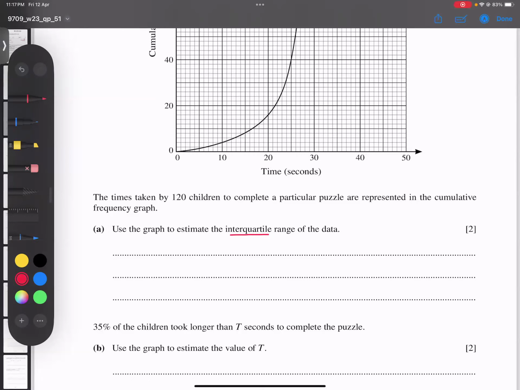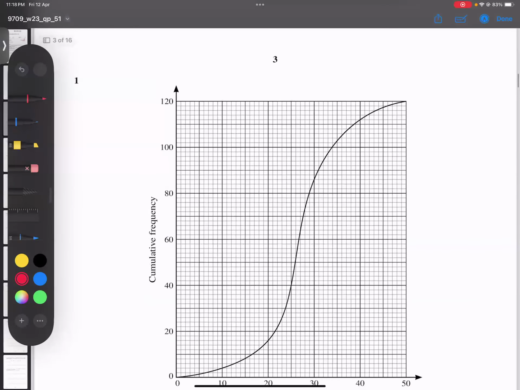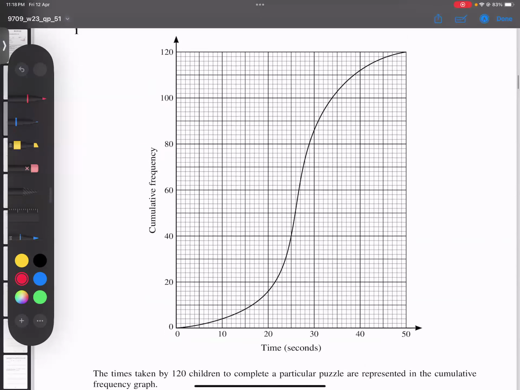What is the formula? All of you are familiar. The formula is upper quartile minus lower quartile. The upper quartile is 3/4 of n, and n is 120. So we get 90, but 90 is not our answer; 90 is a pointer. Where is 90? On the vertical axis, 20 is divided into 10 boxes.